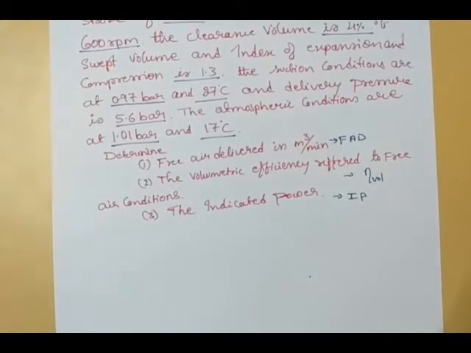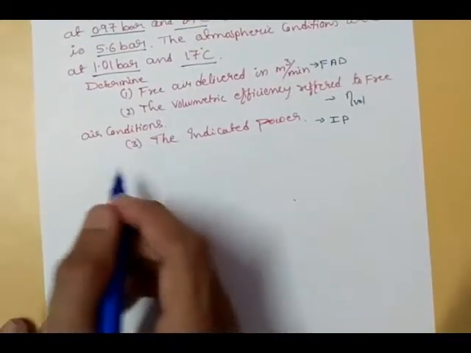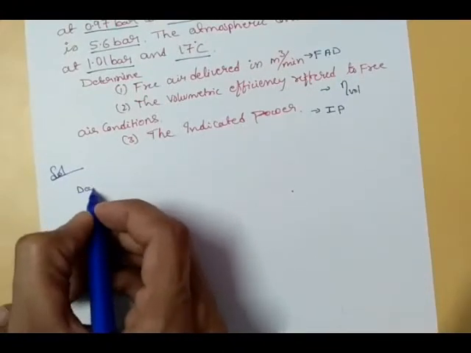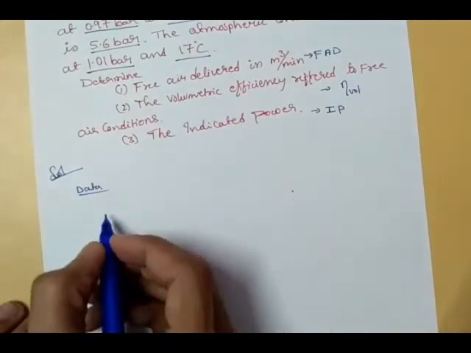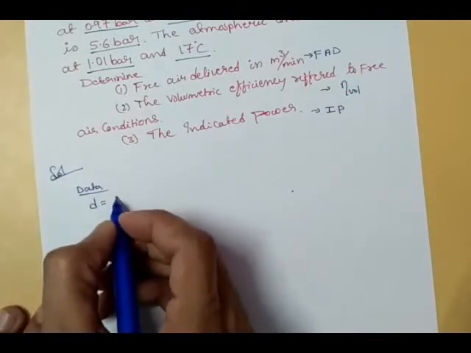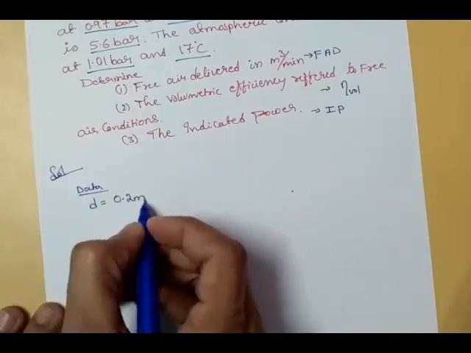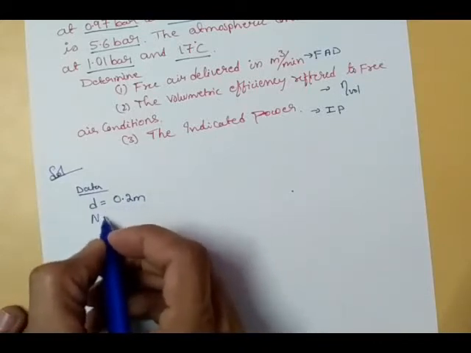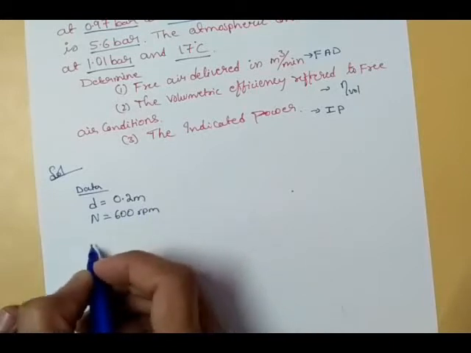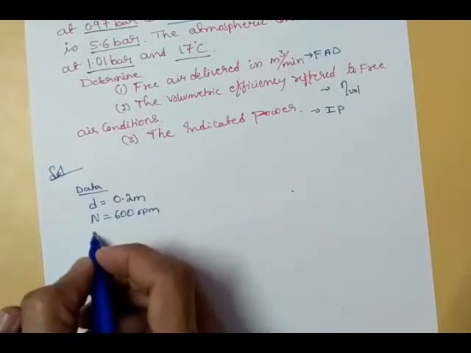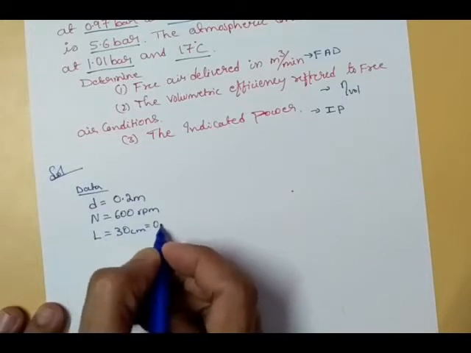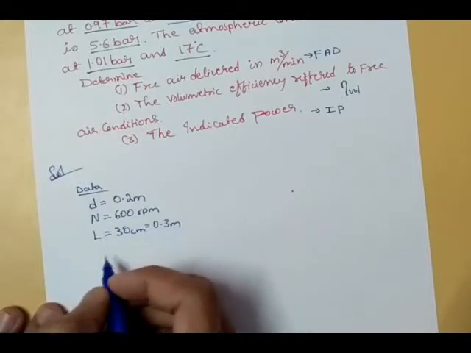Now we will write down the data. The data given are: diameter D is equal to 0.2 meters, N is equal to 600 rpm, then L is equal to 30 centimeter, that is 0.3 meters.